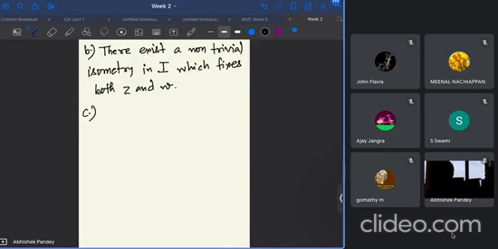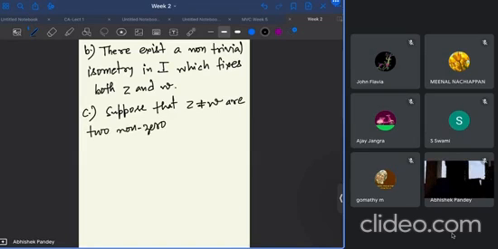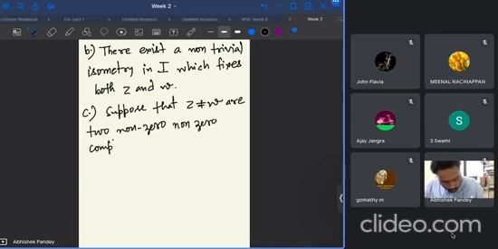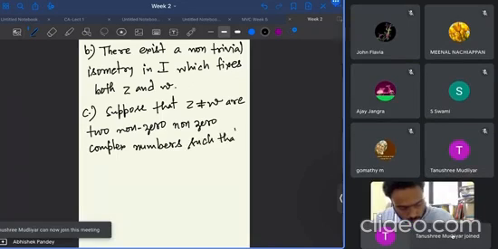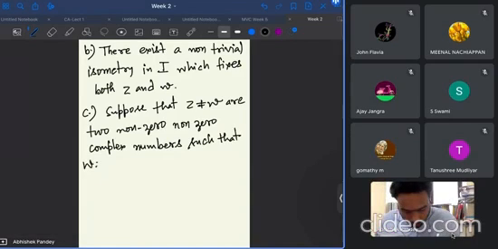Now the next option is: suppose z and w are two non-zero complex numbers such that w is equal to rz, where r is a non-zero real number.